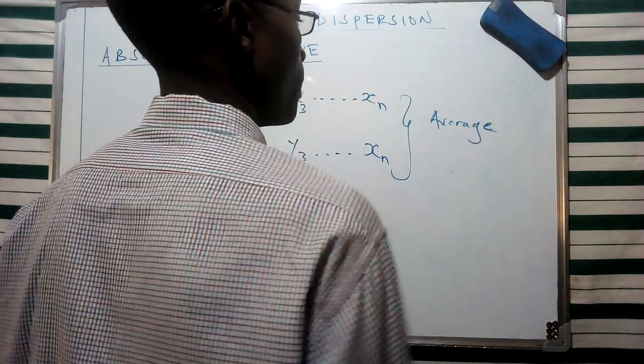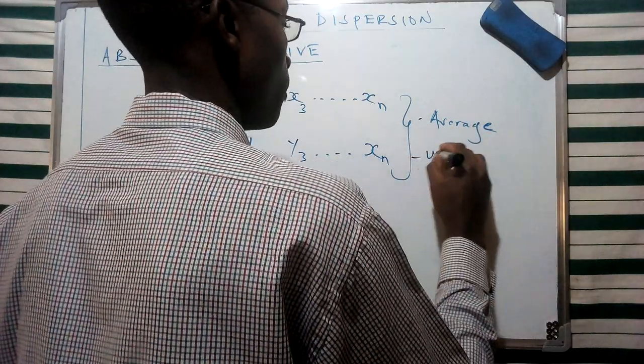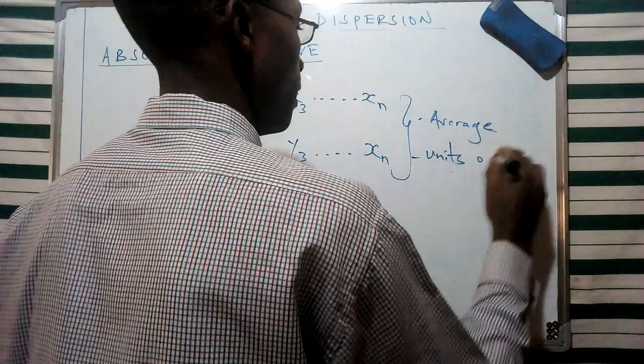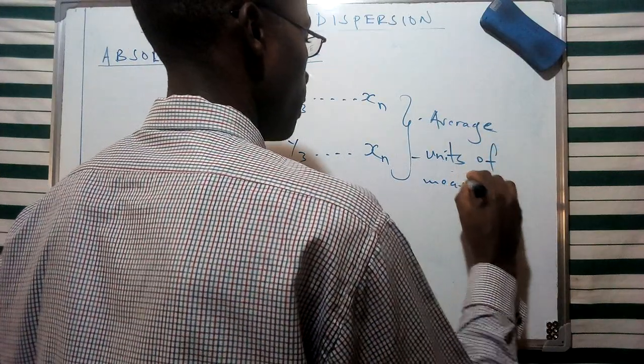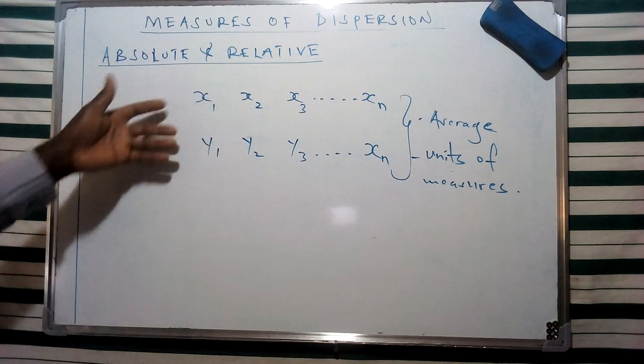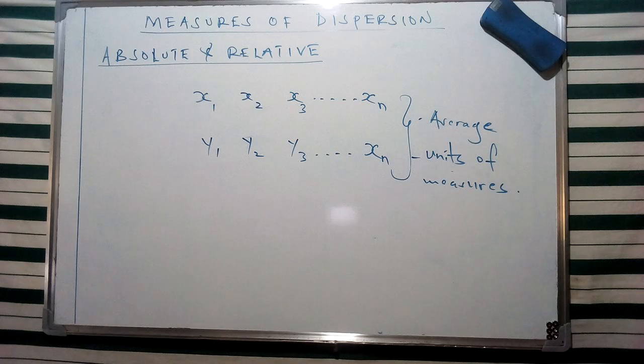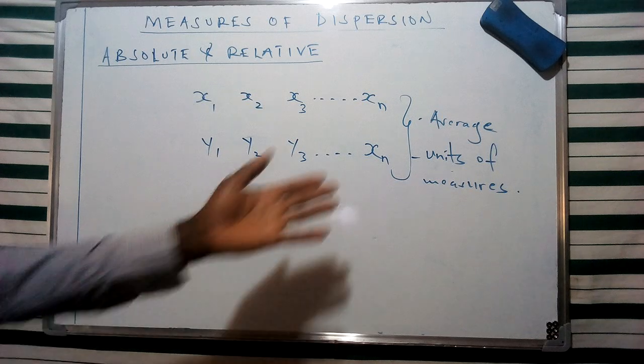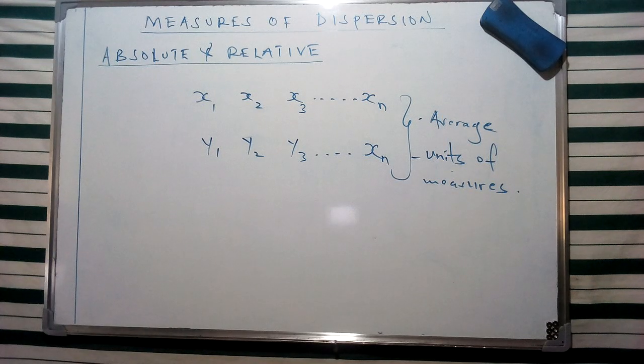And it will be good for us to also consider the units of measurement of these two sets of distribution. Now, for us to check on the variations of a specific range of values of these two distributions, we are going to take into consideration those specific concepts, perhaps the units of measurement in that particular case.